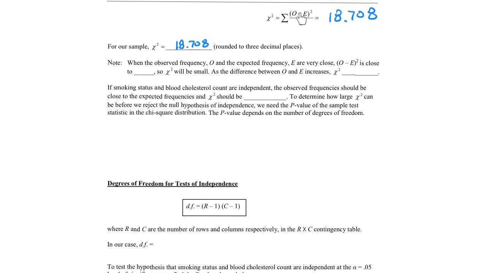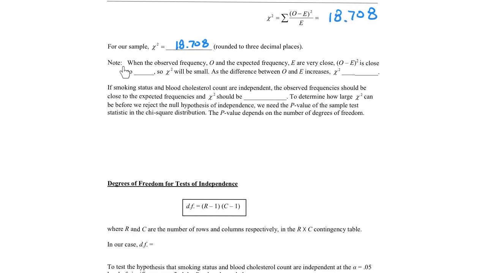Like if they're the same, we get a 0. So we're adding each of these chi-squared terms, so we'd get a really small number, right? If we saw 7 of those clients and we expected to see 7 of them, then we go 7 minus 7 is 0. And if it was happening like that a lot, where these were either the same or really close, we would add up a bunch of tiny numbers and we get a really small chi-square.